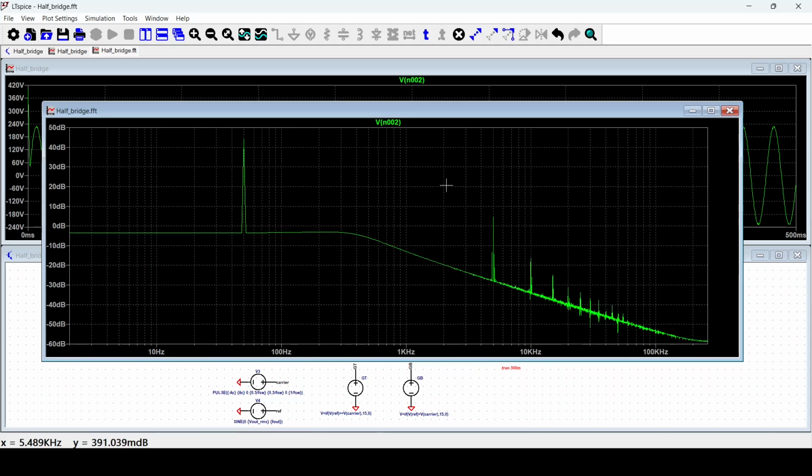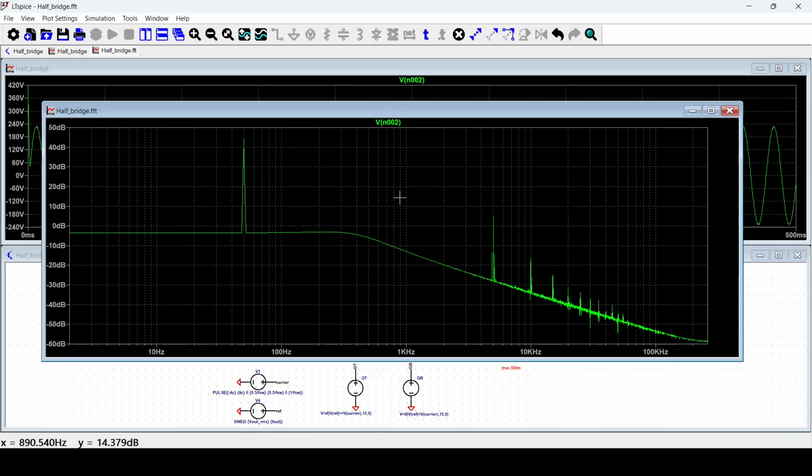So this is the fundamental action of the output filter, to clean the harmonic content, because harmonics significantly increase the effective value of the current, the root mean square, and if the root mean square is higher, the devices and the components will need to be rated more than the actual current that we need.